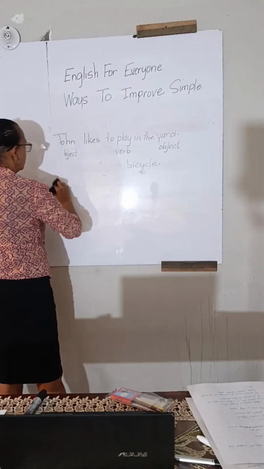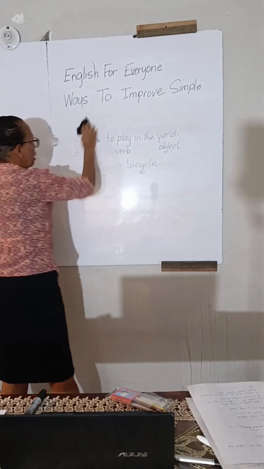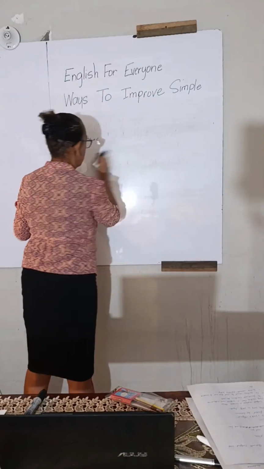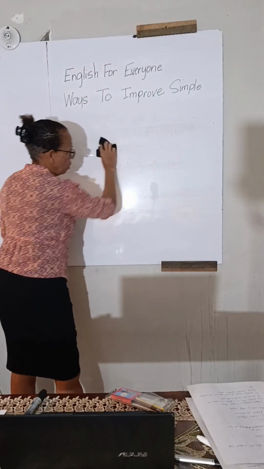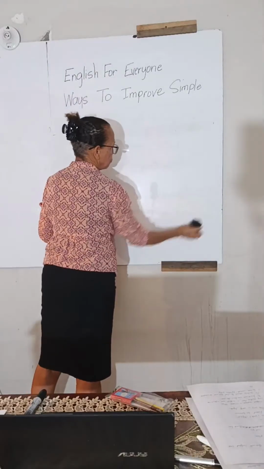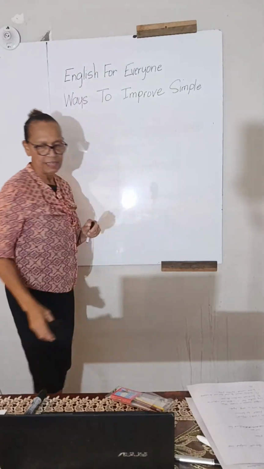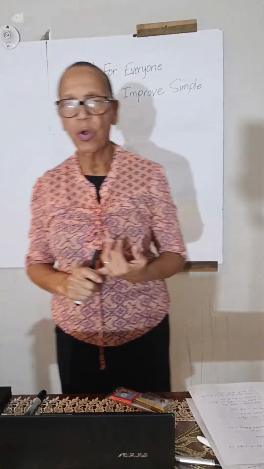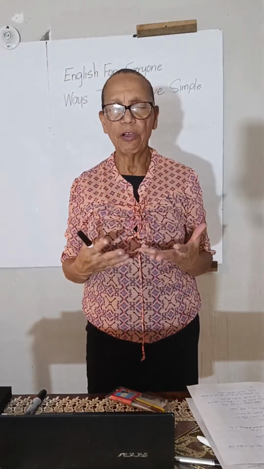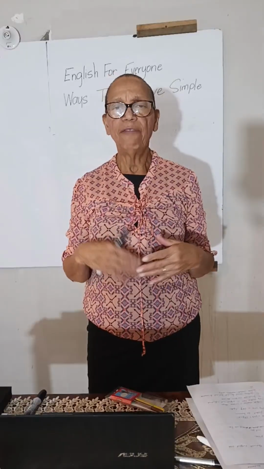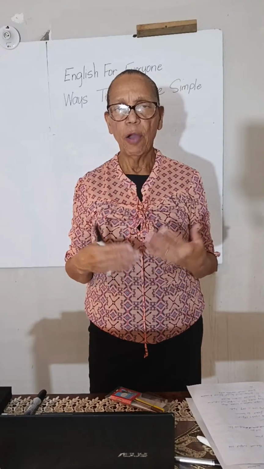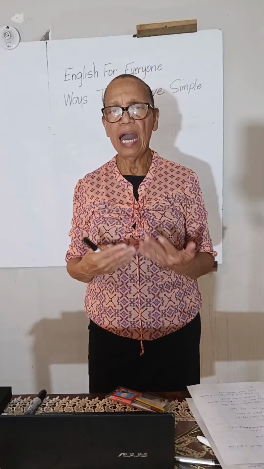All right. Now, last week we said that we wanted to improve our sentences. Some ways we were able to improve, we had adverbs of manner, adverbs of time, adverbs of place. We did adverbs.